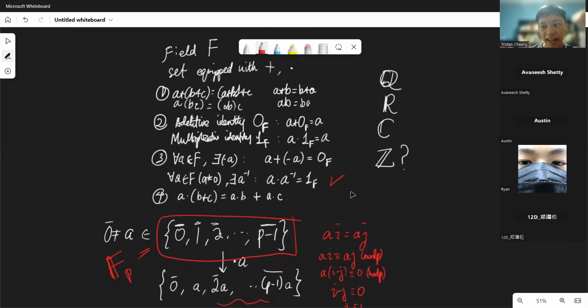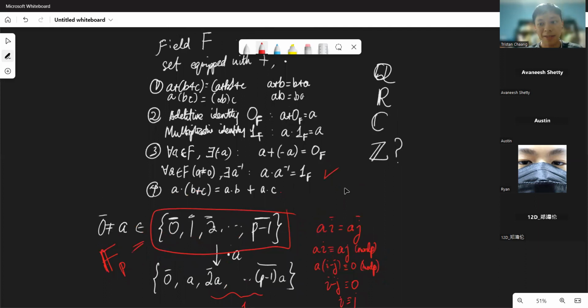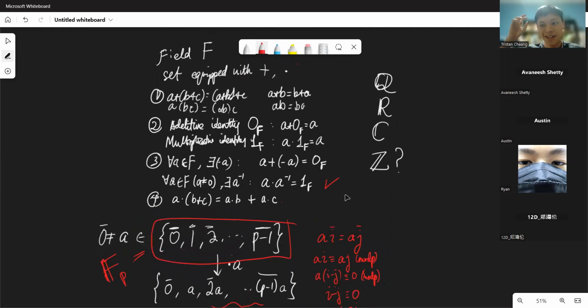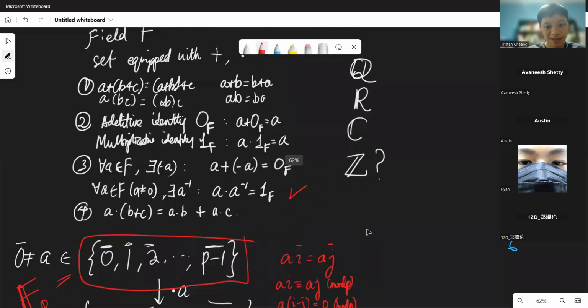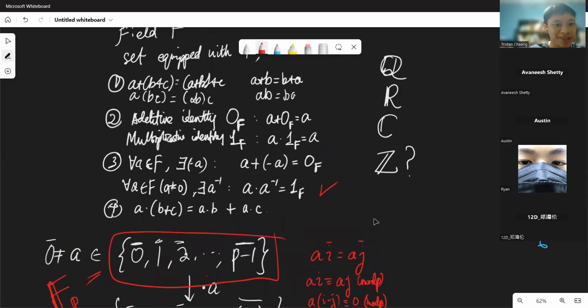So you can add, subtract, multiply, and divide, except dividing by zero. That's the intuitive way, but it might be misleading because you are associating it with the usual addition that we have in Q or R or C. So you have to be careful if you want to be very vague in your arguments.